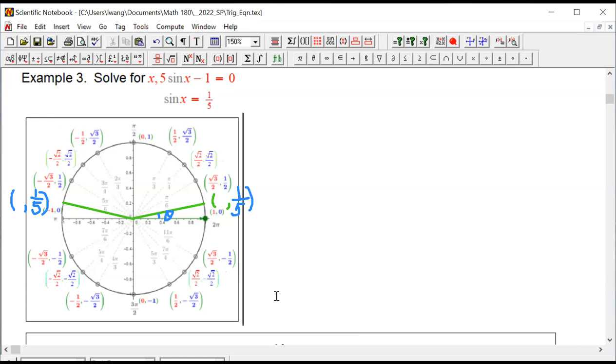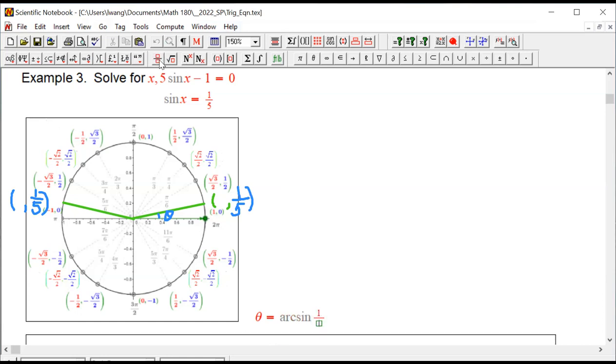So theta equals arc sine of 1/5. The range of arc sine is between -pi/2 and +pi/2, so this angle is perfectly represented.